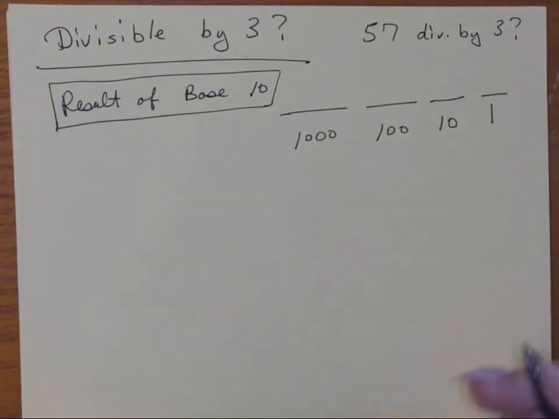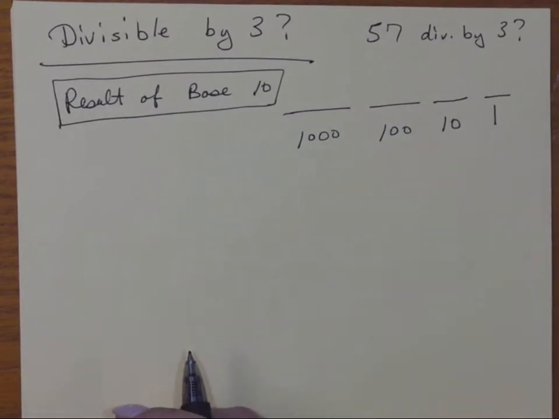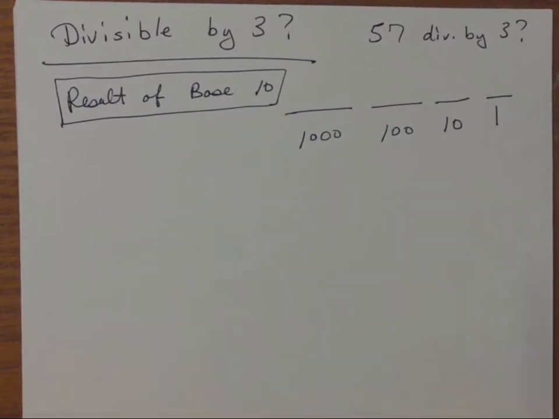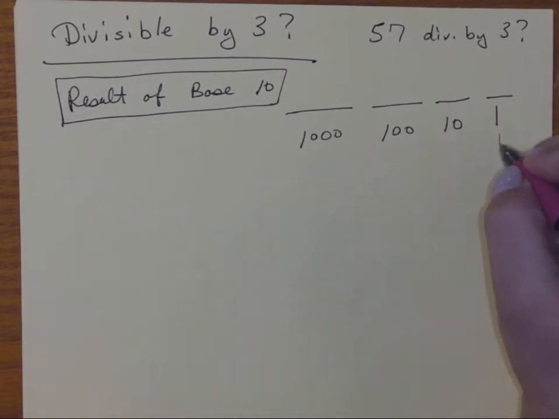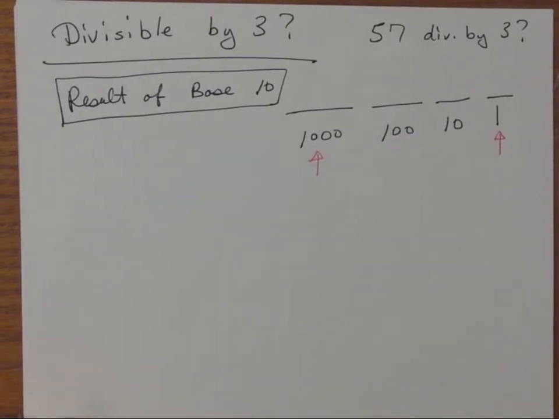And you can keep going, but I just want to deal with these so we can talk about them. So something interesting that happens about any of these base 10 positions is, if I look at them, let me start on this end actually, they are always a multiple of 3 plus 1.